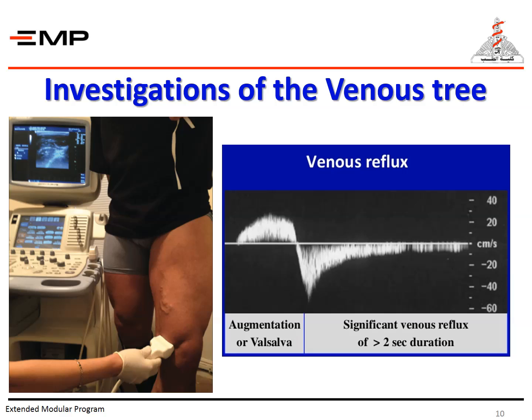Now to the investigations of the venous tree. Normally, the veins function to drain the lower limbs. Normal veins should be patent with functioning valves to allow blood flow in one direction only.